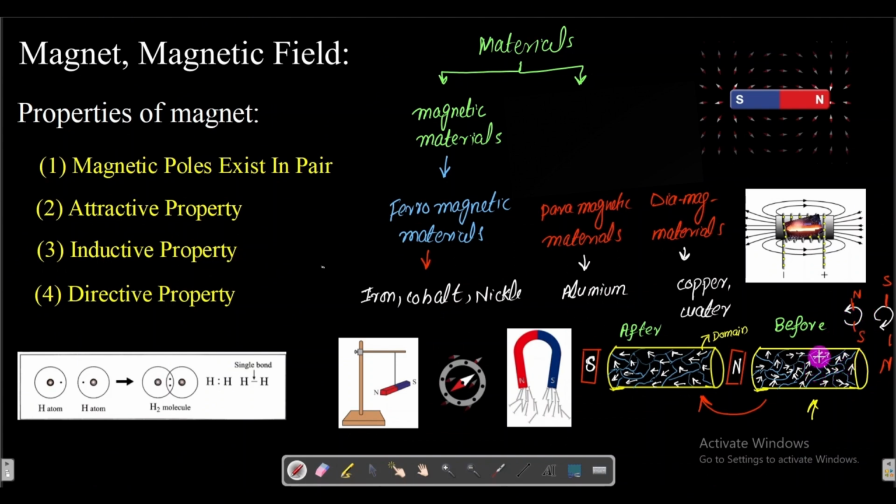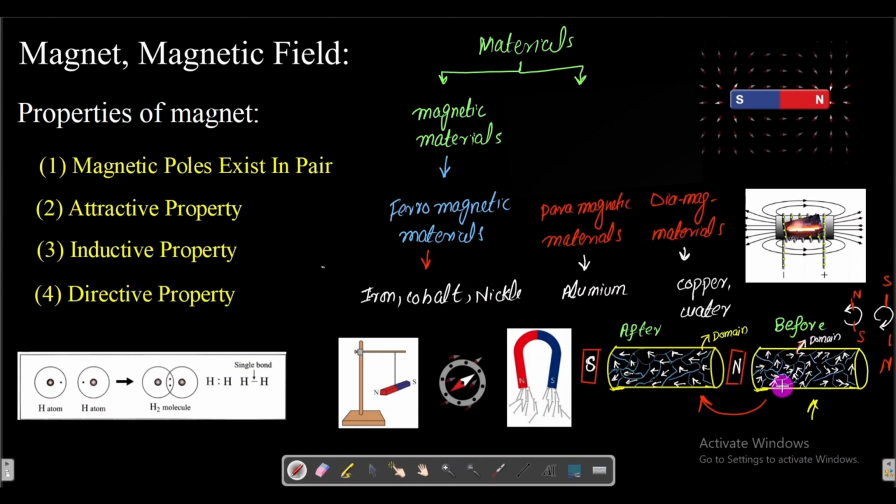So that group will make a region, and that region is called the domain. So a domain is actually the region in which all the molecules have the same alignment of electrons. So this region is called the domain.